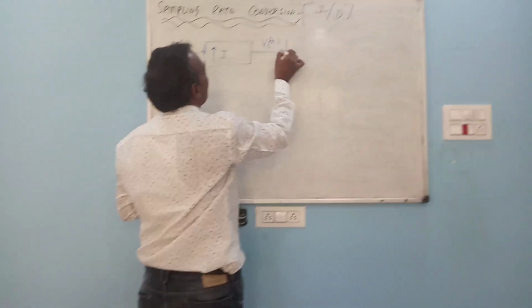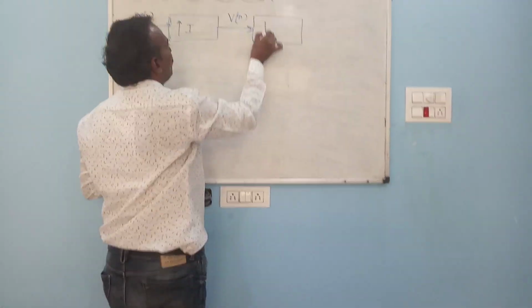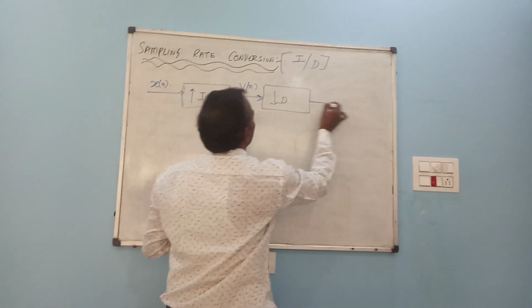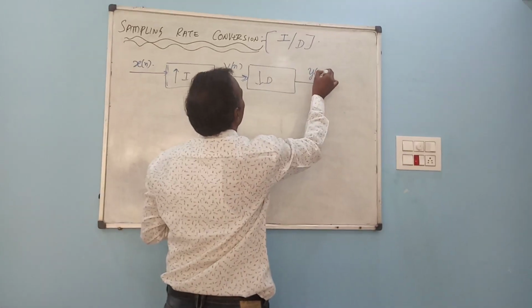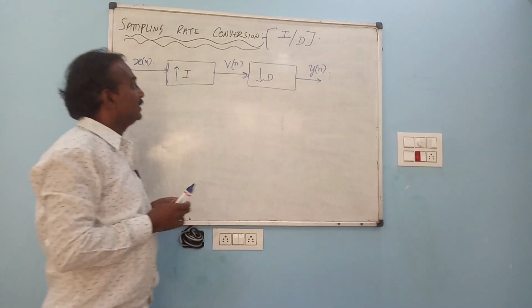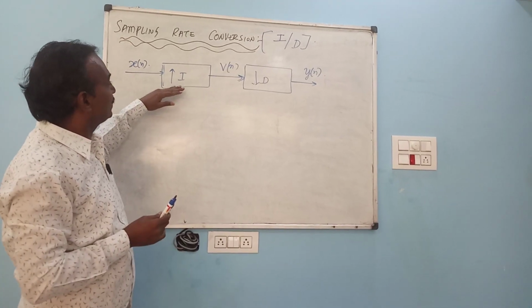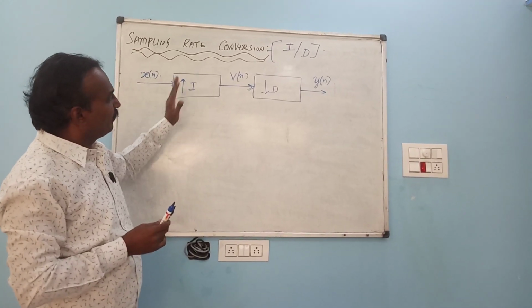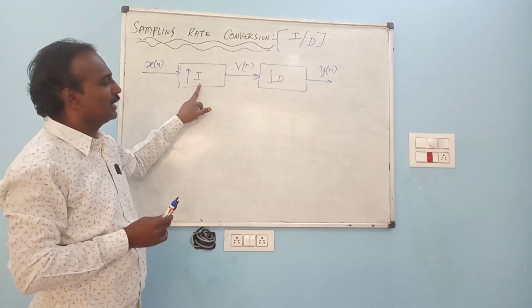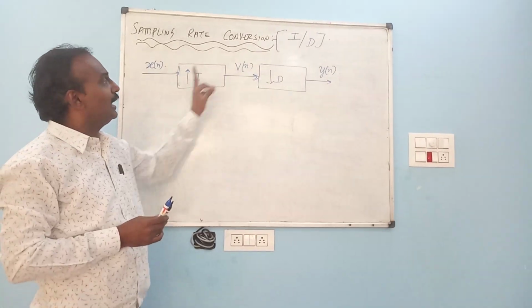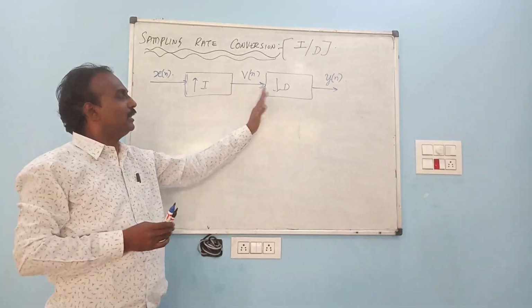After upsampling, I downsample the signal and then I get the required signal y of n. So first interpolation, that is upsampling, then downsampling: this is non-integer conversion.